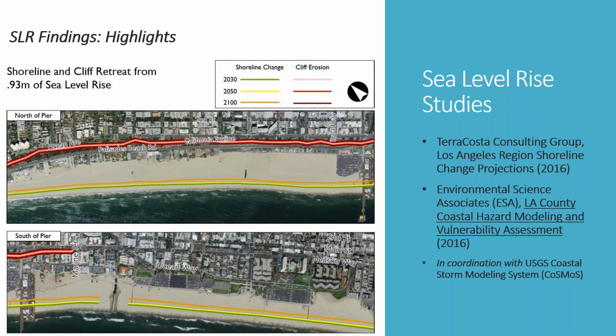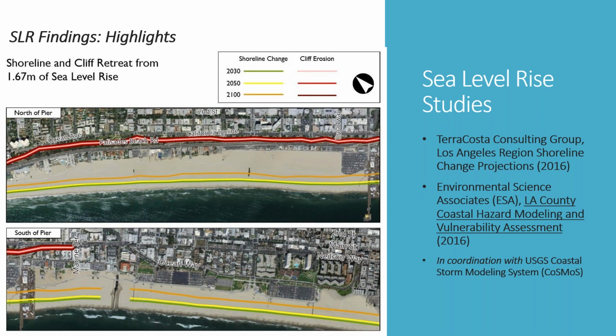And if you watch the orange line on this map, which shows 1.6 meters of sea level rise anticipated, you can see that the higher sea level rise starts to impact the beach, narrowing it significantly more. The extreme of more than 3 meters that we saw in the other graph was not mapped in the Terra Costa study.